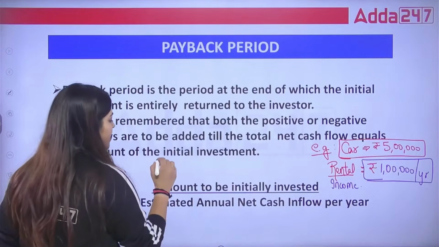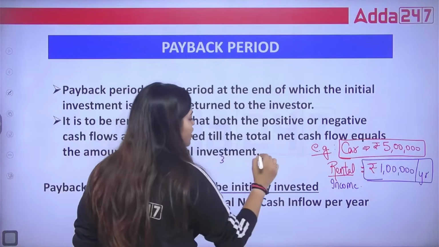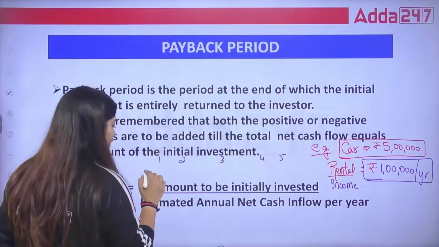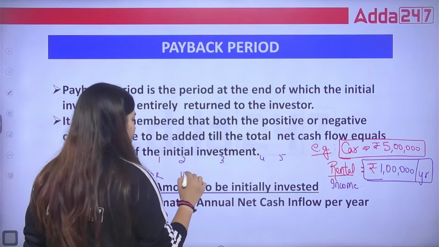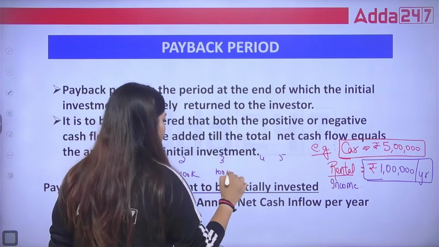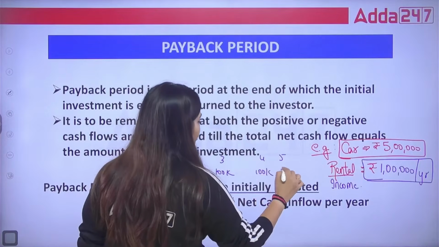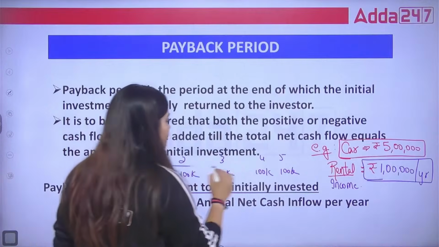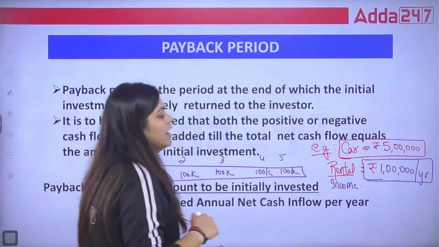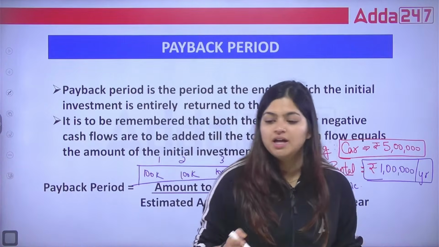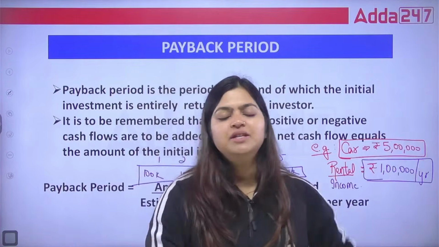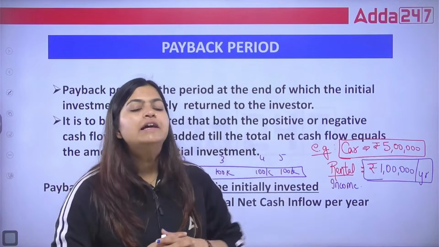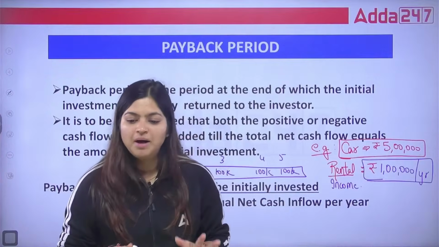Okay, so let's see. 1, 2, 3, 4, 5. First year I'm going to earn 1 lakh, second year also 1 lakh, third year also 1 lakh, fourth year also 1 lakh, fifth year also 1 lakh. Means I will get this 5 lakh return after 5 years. Within my 5 years I will recover my invested amount.